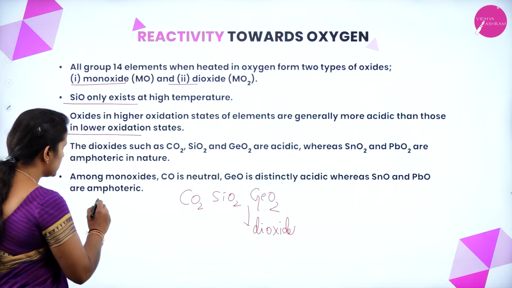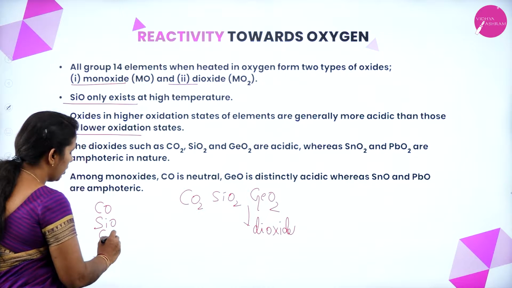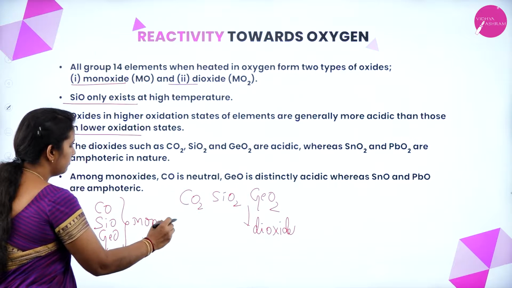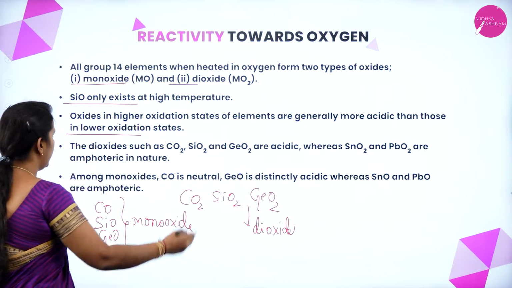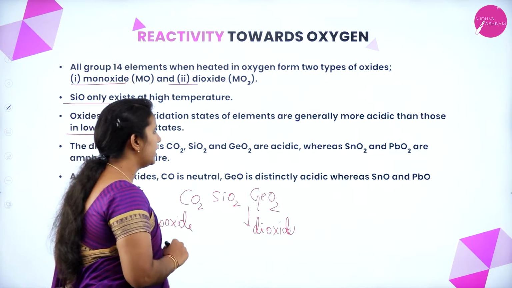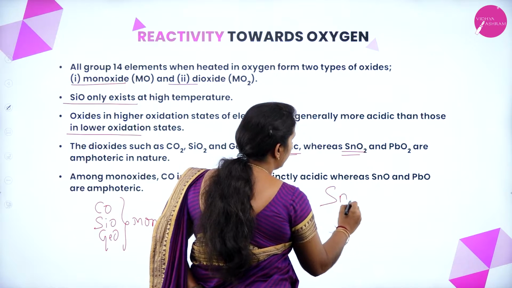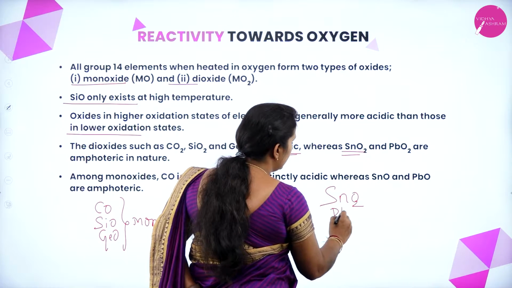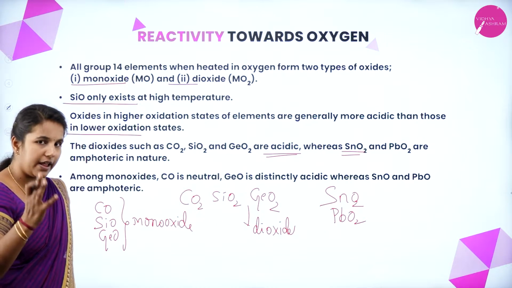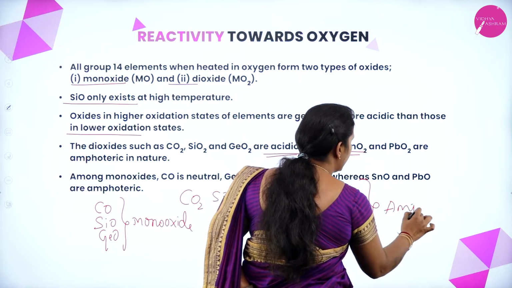Whereas the monoxides, like carbon monoxide, silicon monoxide, germanium monoxide, are the monoxide forms of group 14 elements. The dioxides such as carbon dioxide, silicon dioxide and germanium dioxide are acidic in nature, whereas lead oxide and tin oxide, when they exist in dioxide form, are known as amphoteric in nature.